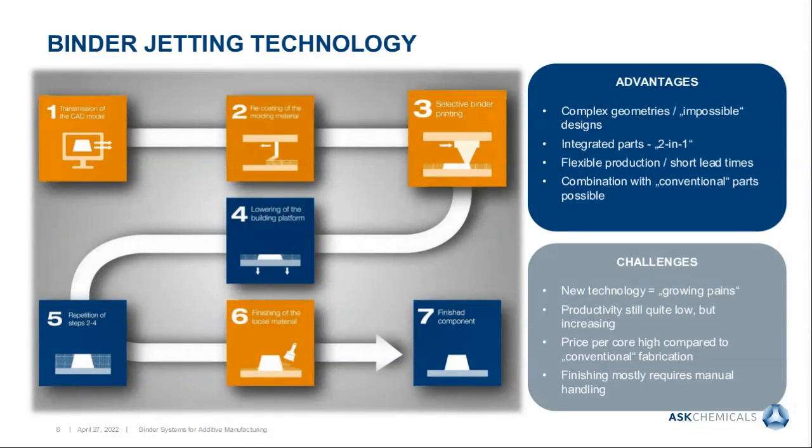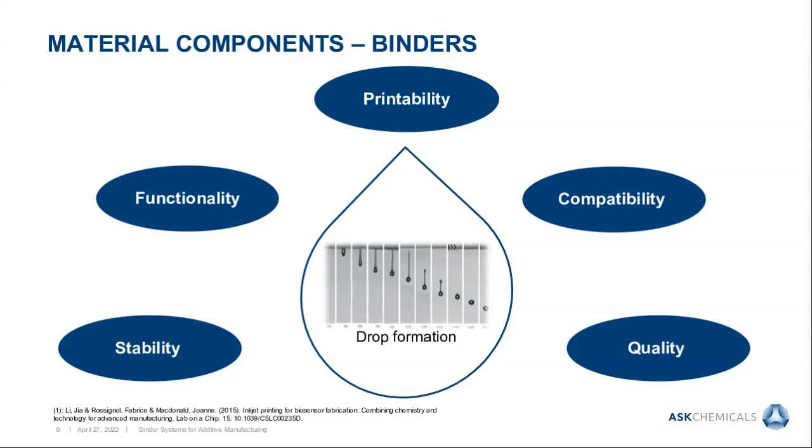Now, let's look at the material side of the process. What is actually needed for binder jetting of sand cores? Let's start with the binder. The main requirement for the binder is to be printable, to produce good, reproducible, and stable droplets out of the print heads. There are five aspects of the binder that, in my opinion, have to be fulfilled to generate this stable and satisfactory drop formation.